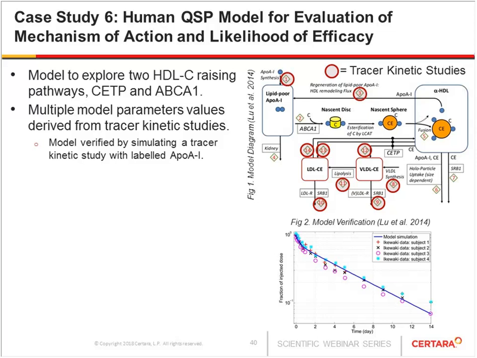The outcome of this verification was that their model was very much able to predict the observations from that clinical study, thereby giving greater confidence in the ability of the model to make predictions.